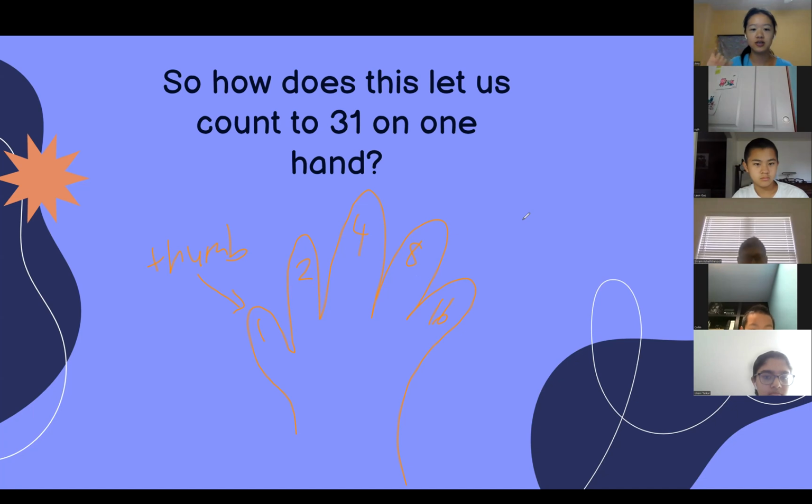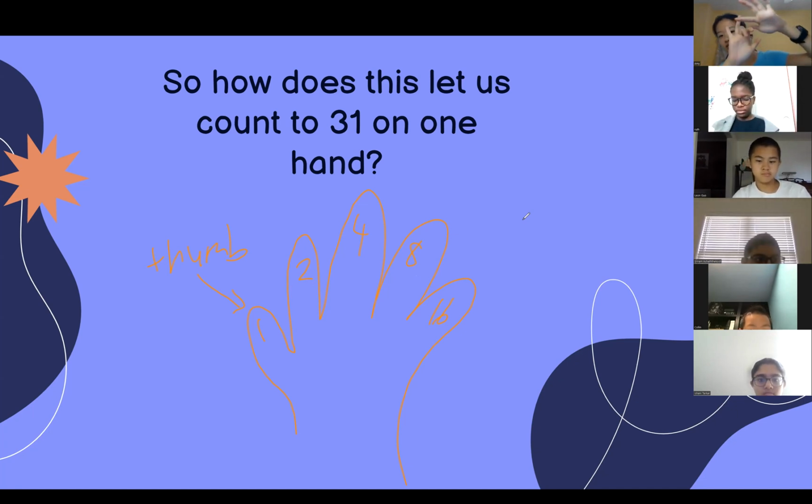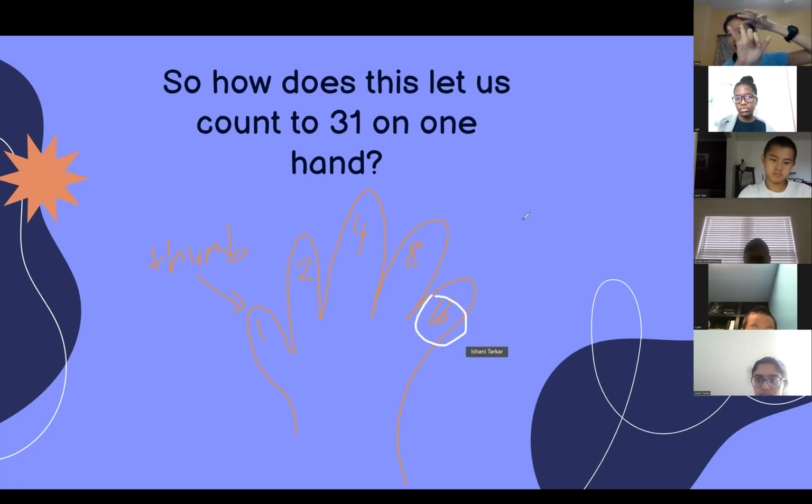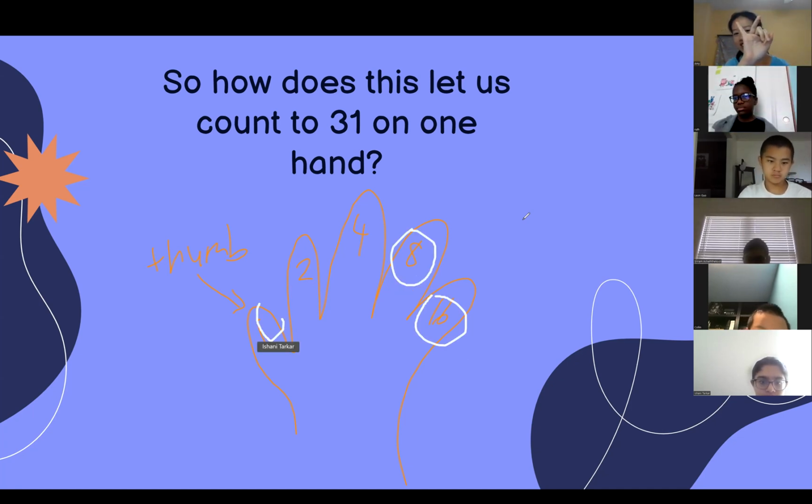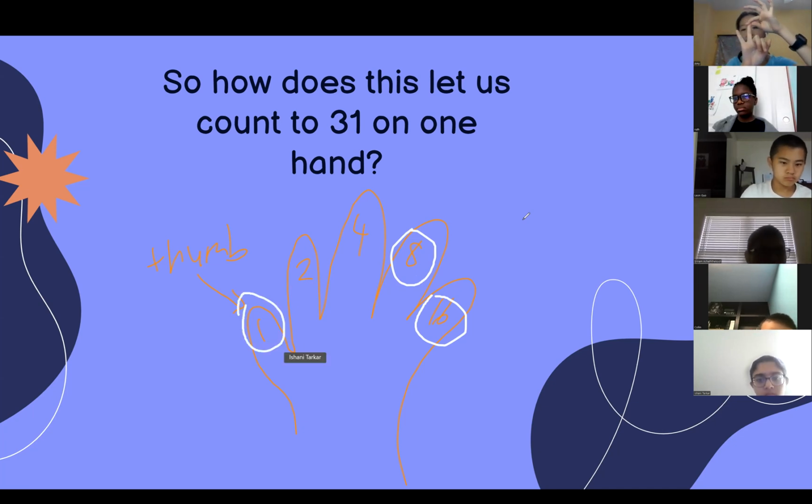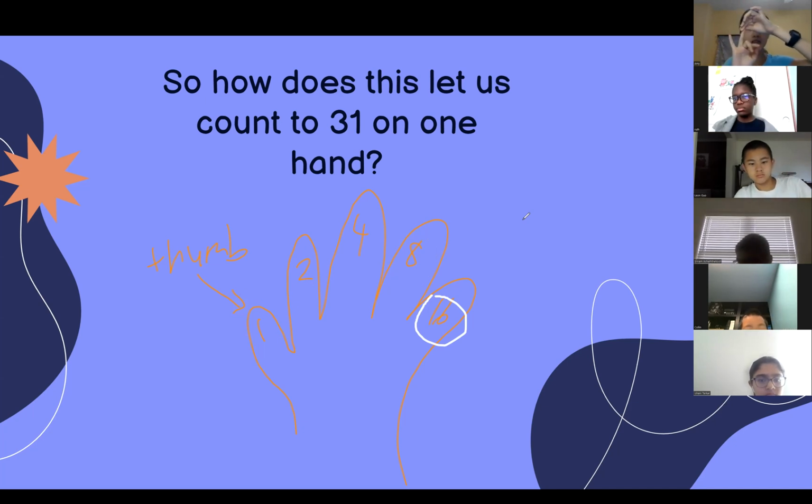Let's do this one. This isn't working. My thumb, my weird finger that can't stand up straight, and my pinky. Yes, that would be 25 because this is the 1 finger plus the 8 finger plus the 16 finger.